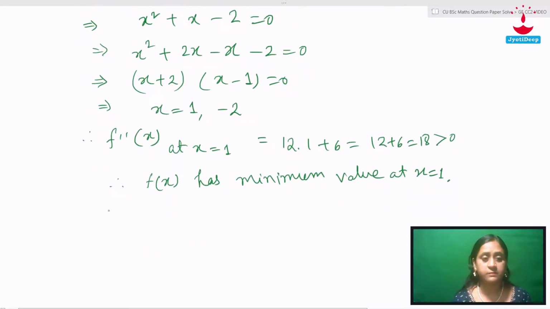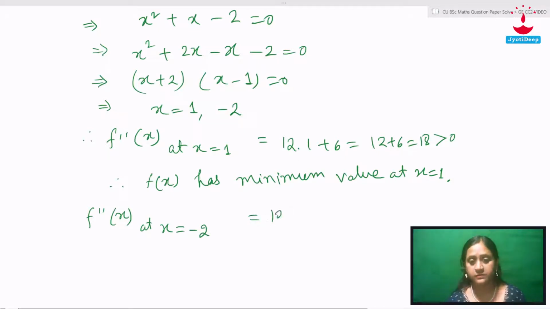Okay, again we will find out f double dash x at x is equals to minus 2. What we will get, 12 into minus 2 plus 6, that is minus 24 plus 6.